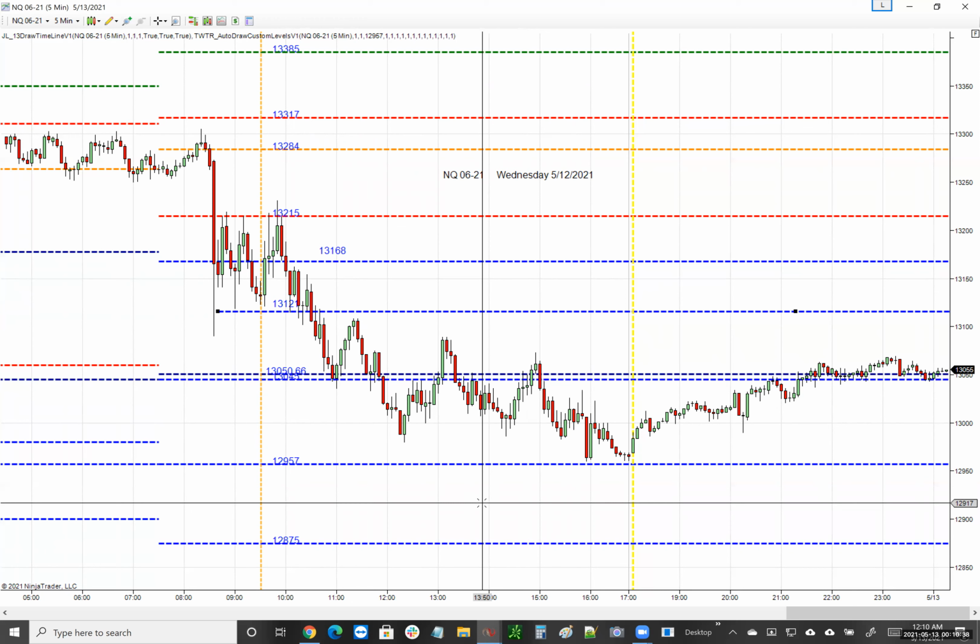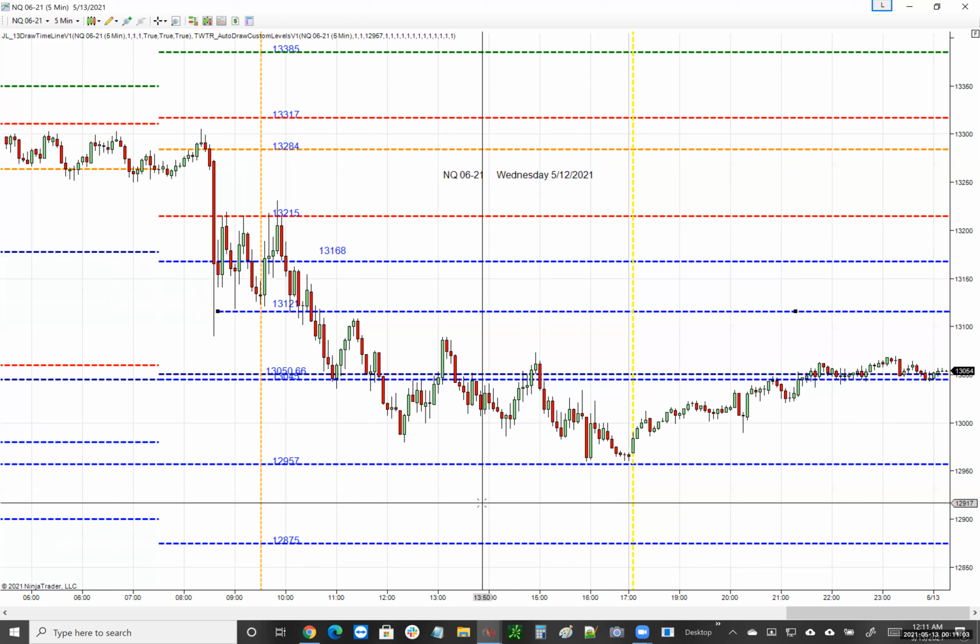What are the key principles of my levels? One is that they are very likely to get some level of reaction for the first test. The very first time it is tested, it is likely to give you a reaction or an escape hatch. That is something a trader would want, because if I know I am likely to get an escape hatch, meaning the price comes back to that level, then I have some way of getting out.